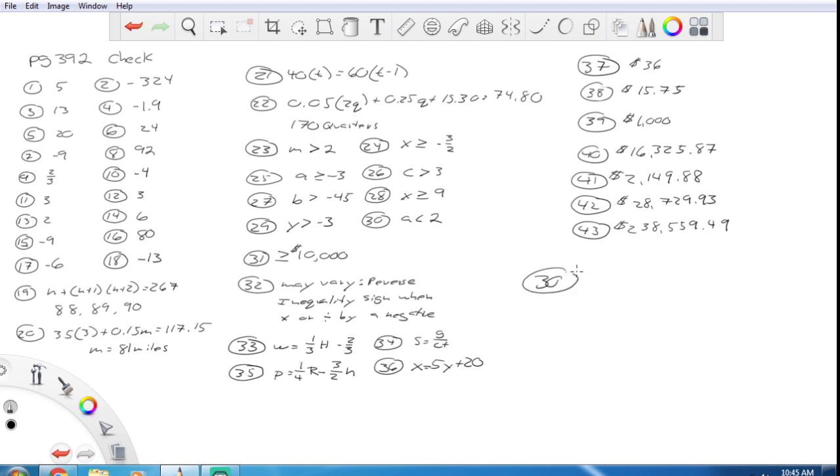If I'm doing 33, 33 says H equals 3W plus 2, and you want to solve for W. So I'll make W the red one. With that, you just manipulate it around. I'm adding 2 over here, so I'm going to subtract 2.